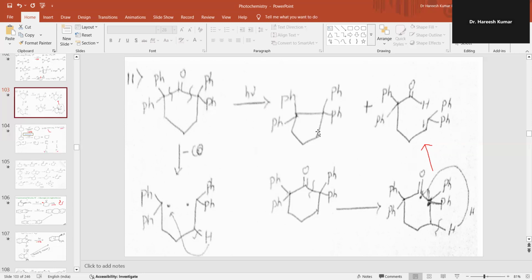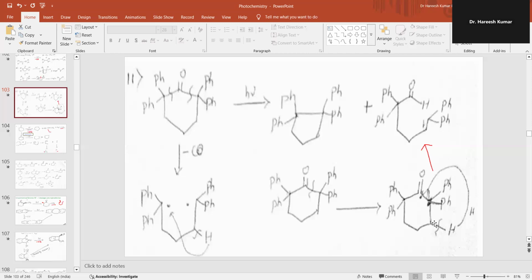In addition to this, one more product is also formed. For that explanation, I am taking here. Instead of going to both alpha carbon cleavages, if there is one alpha carbon cleavage, in such case, there is one radical on the acyl and another on the alkyl.